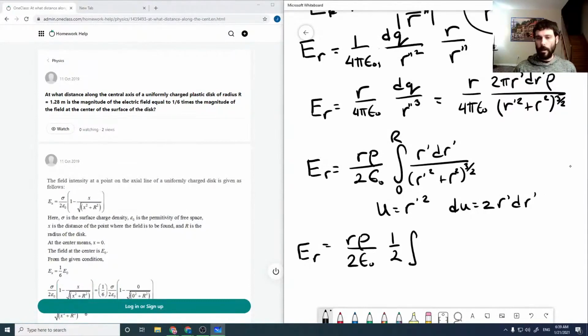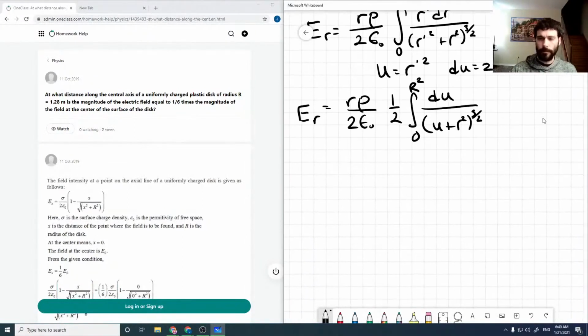Our limits now are going to be 0, putting in the values into r prime, to R squared, and then du over u plus R squared to the 3/2. Now we can solve this pretty readily.